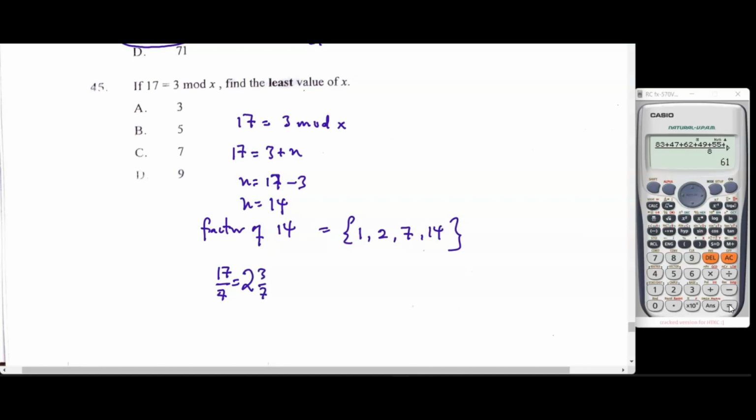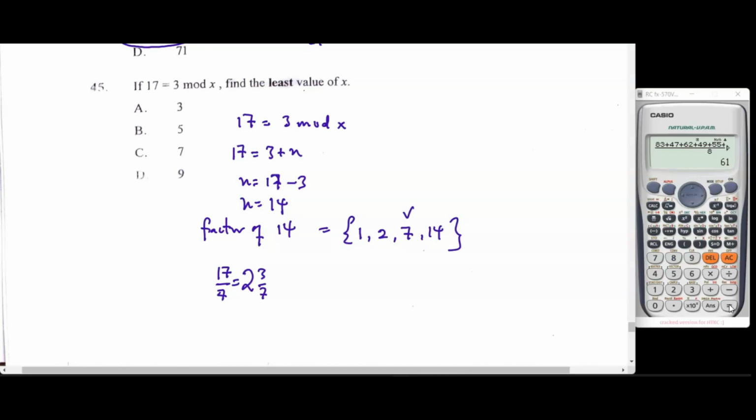So it means that 7 is a possible solution, because it goes in 2 times, because 2 times 7 is 14, minus 14 out of 17 to be left with 3. So it means we have a remainder of 3. So 7 here is a possible solution, but 14 is part of the entry.